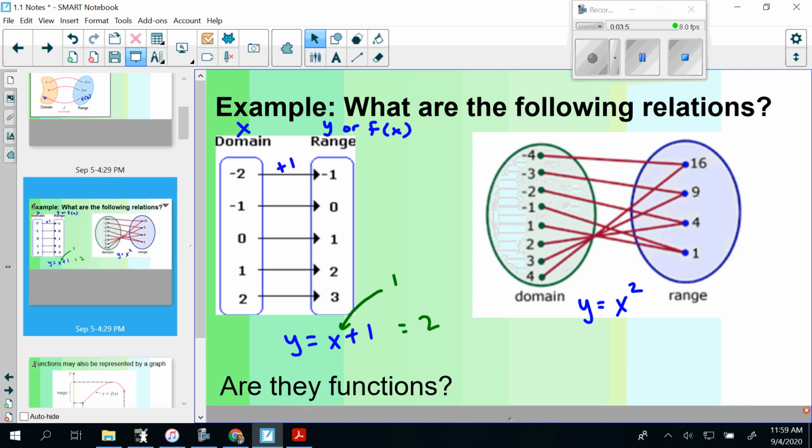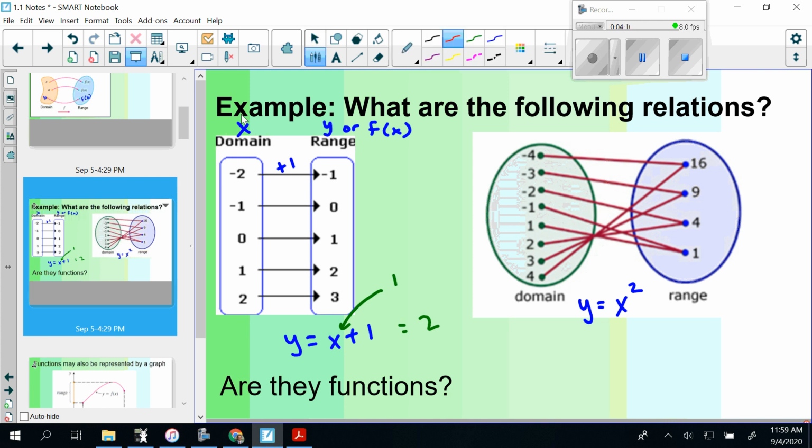Okay, so that brings us to this question. Are these functions? Take a second, decide what you think, and check. All right, these would in fact be functions. Yes, they are. And the reason is each input goes to one output.